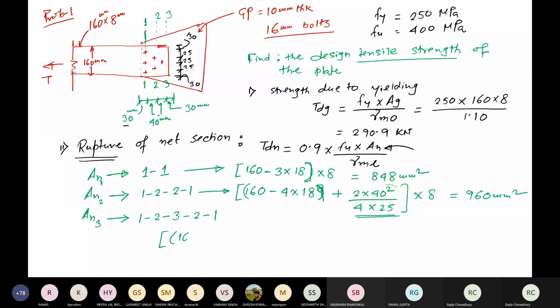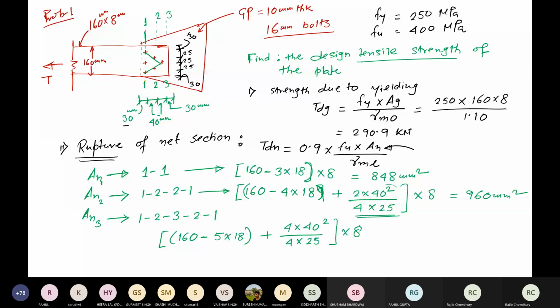160 minus 5, times 18, plus 4 times 40 square divided by 4 times 25 multiplied by 8.